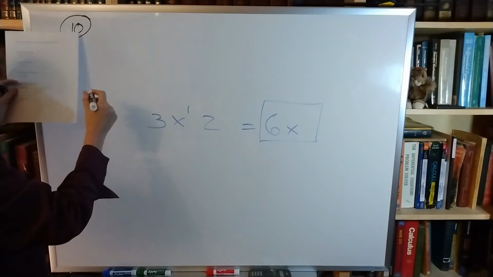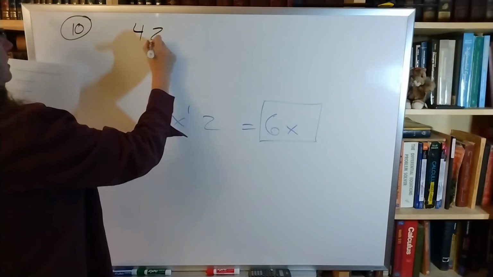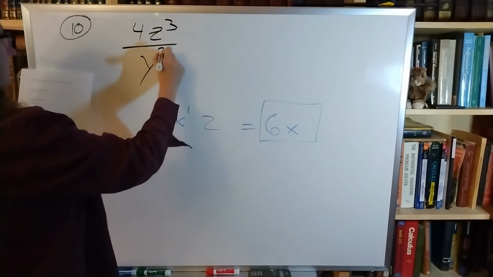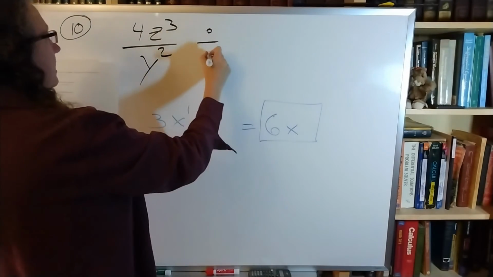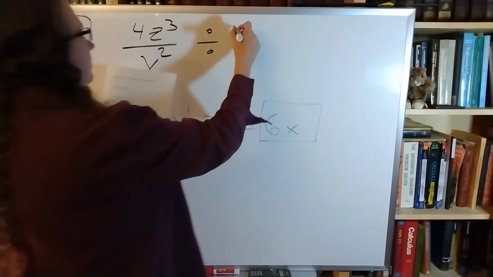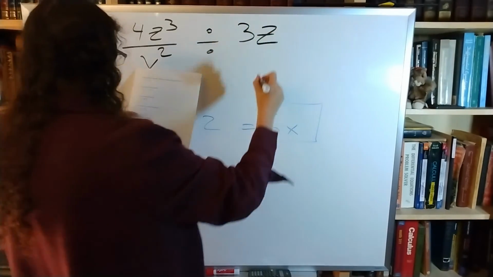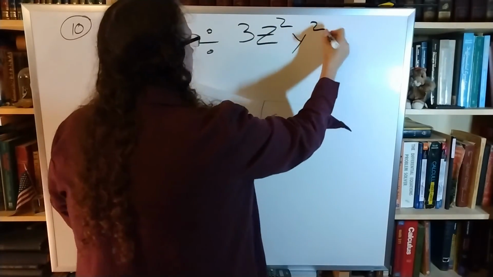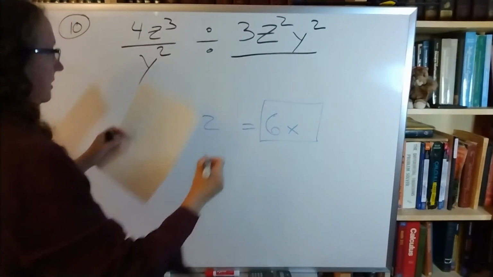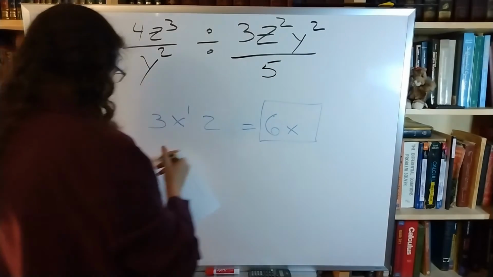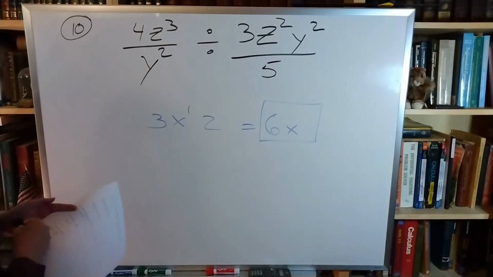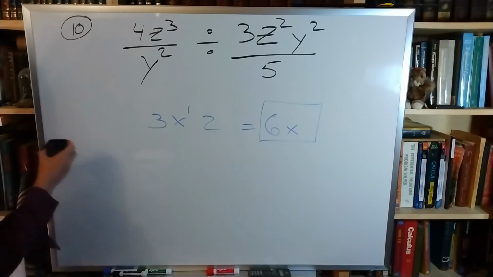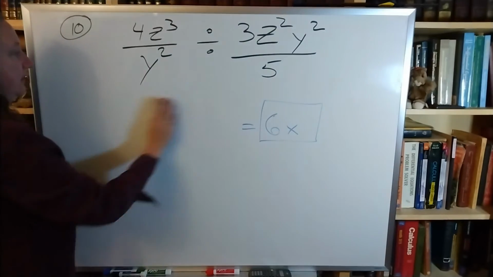We have 4z to the 3rd over y to the 2nd, divided by 3z to the 2nd, y to the 2nd, all over 5. So pause the video, work that out while I erase the board.